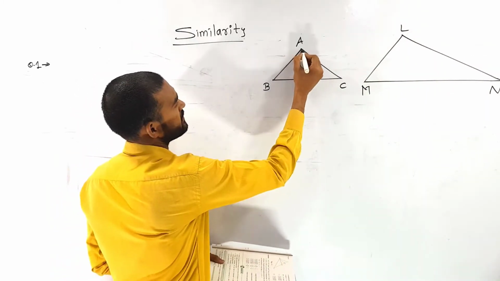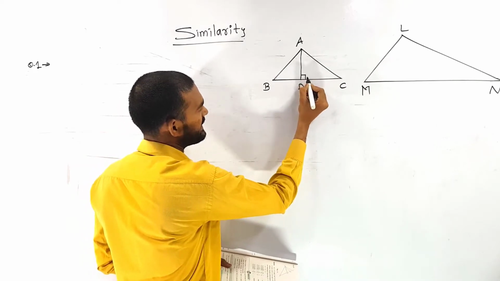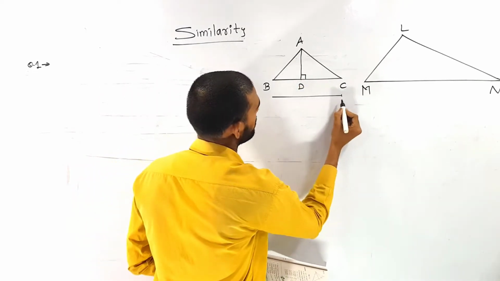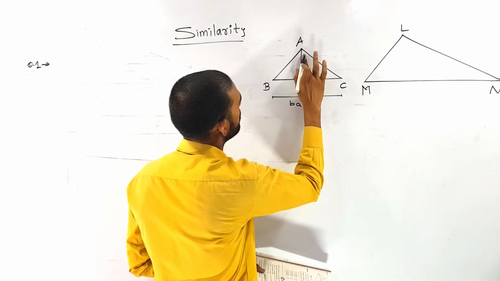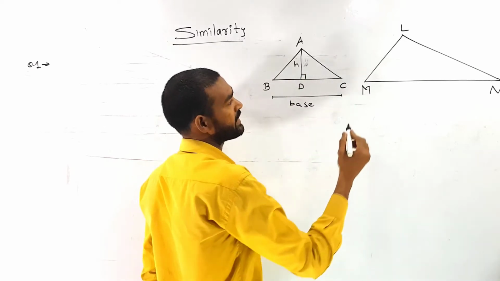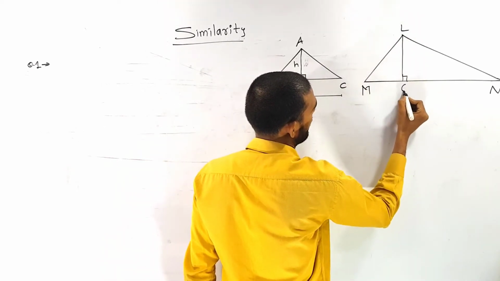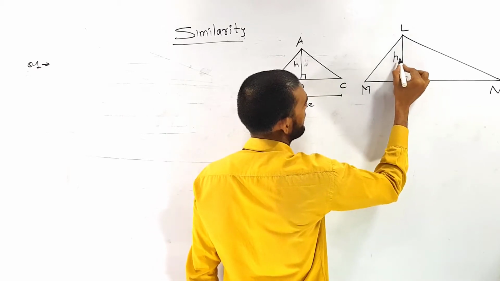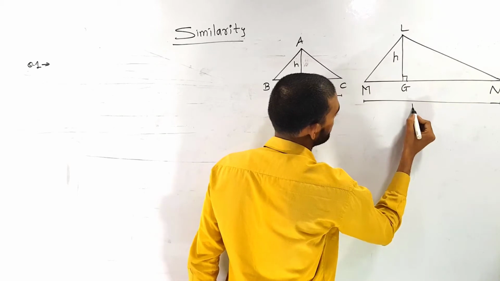Here the question says first triangle having height AD and the base is BC. Similarly, another triangle having height LG. This is height and this whole we will call this base.